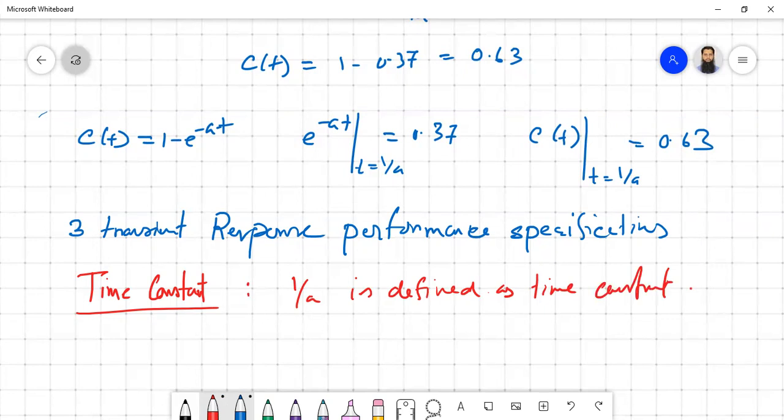Now, by looking at this equation, what does it mean?